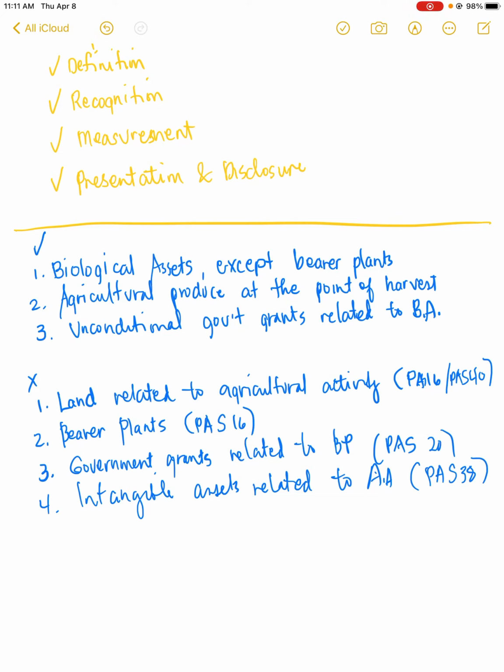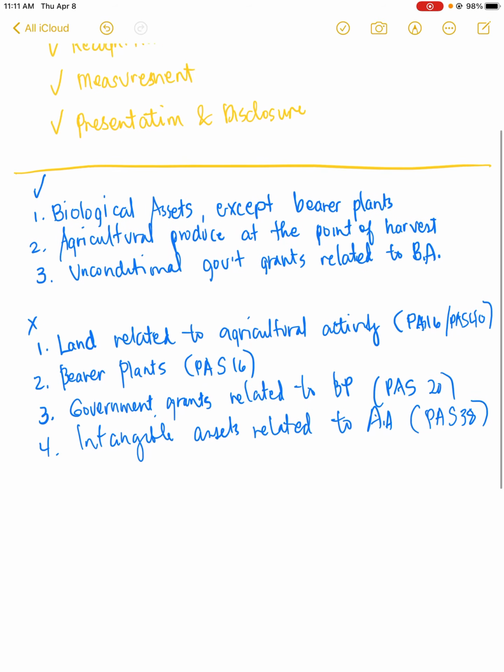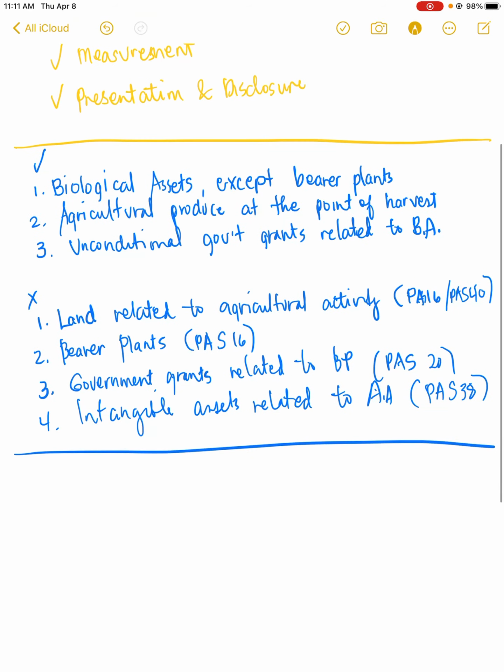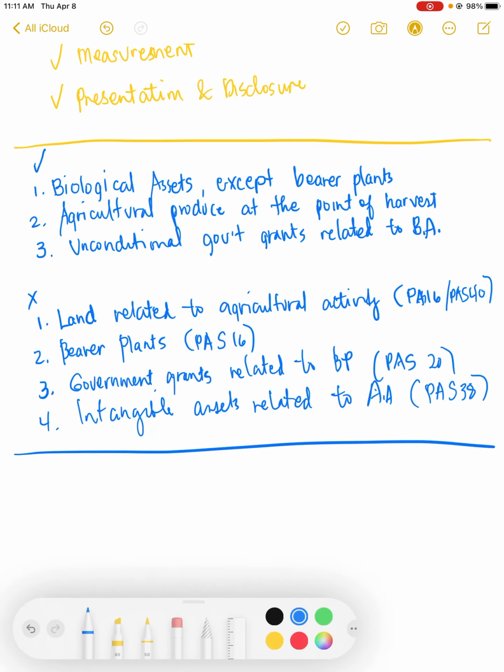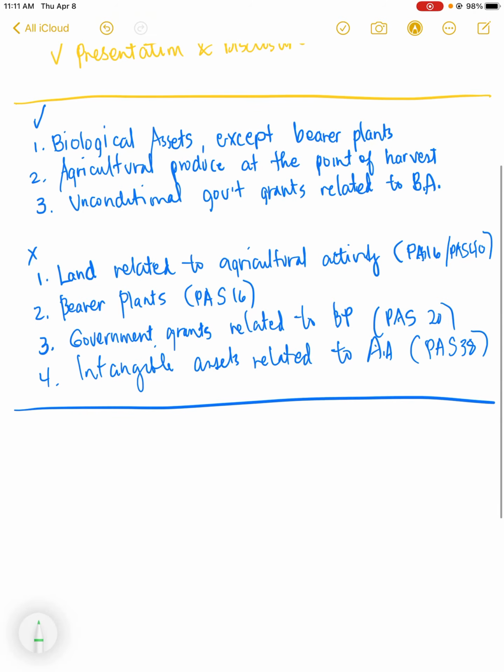Okay po. So, considering the scope of our PAS number 41, we have mentioned here some terminologies, and it's very important to first identify or define what are these terminologies. First, of course, we have our biological assets.